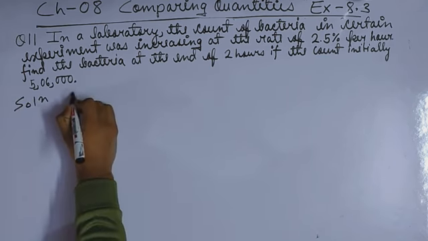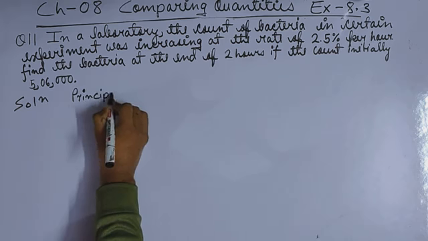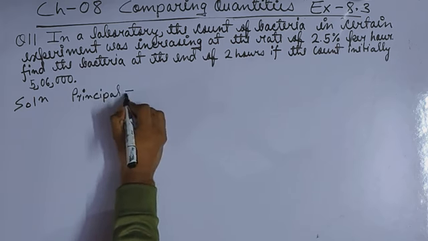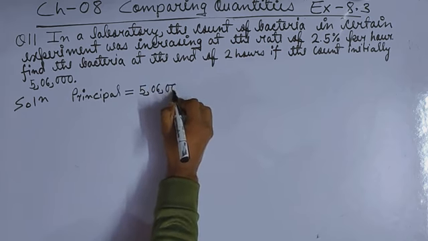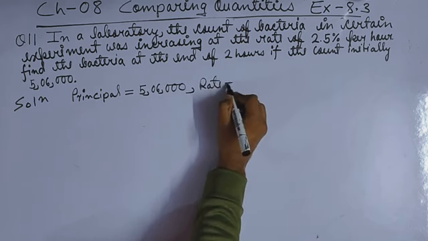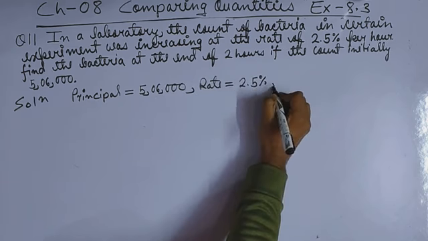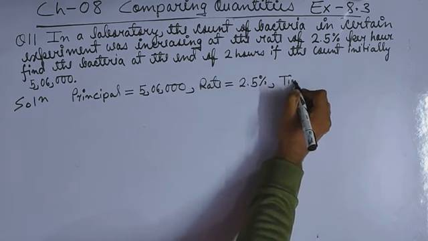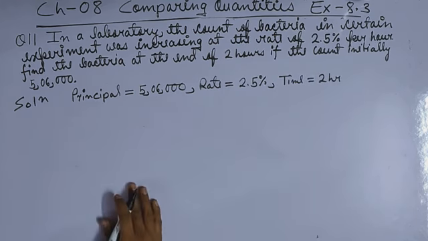The principal, that is the initial count at the start, is 5,06,000, and the rate of increment R is given to you as 2.5%. And it asks at time 2 hours, what will be the count of bacteria.